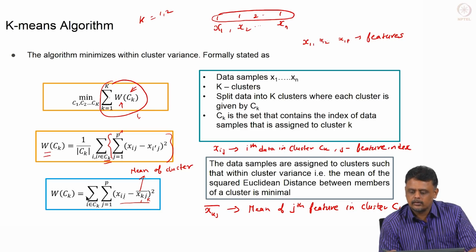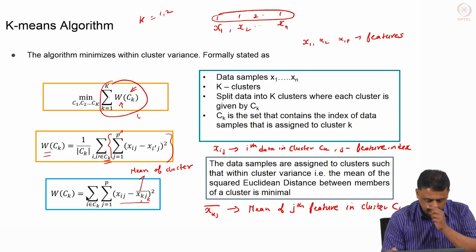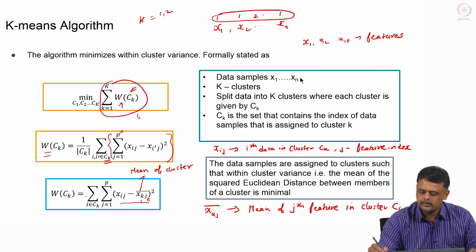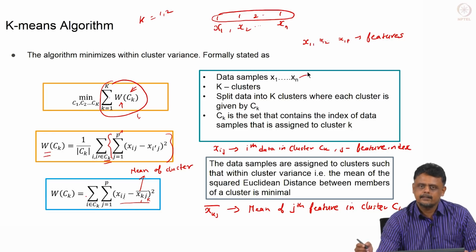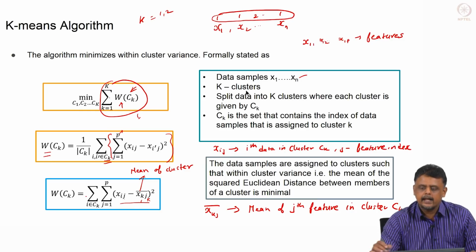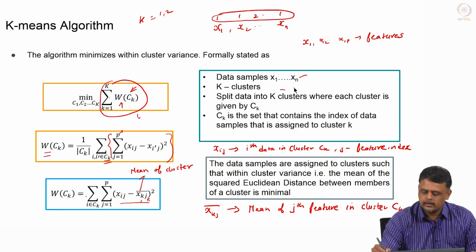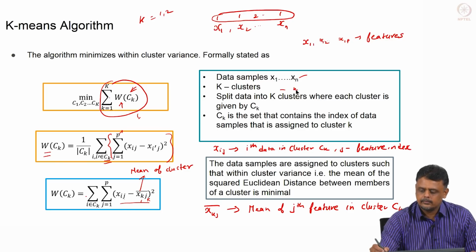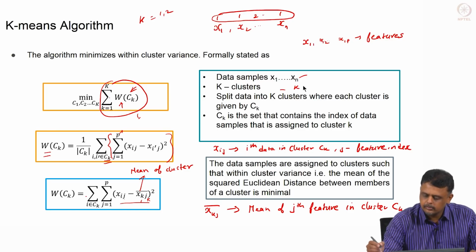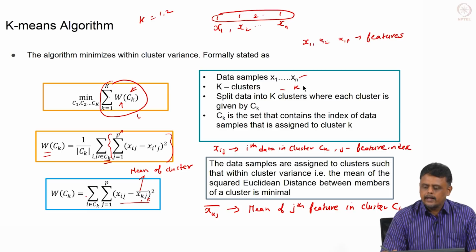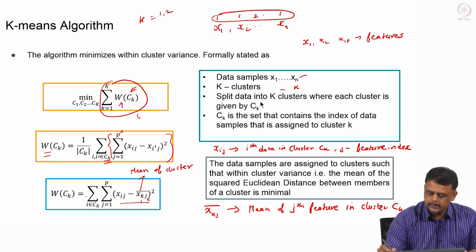Just to clarify the notation again, the data samples are indicated by x1 to xn, there are n data samples, there are k clusters, and the cluster index is small k. We want to split the data into k clusters where each cluster is denoted by Ck.